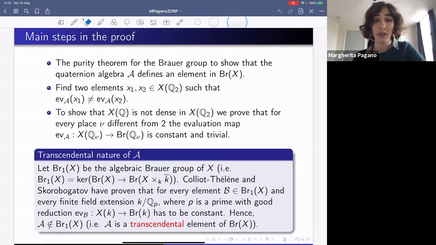In order to show that the quaternion algebra A defines an element in the Brauer group of X, one can use a purity theorem for the Brauer group.